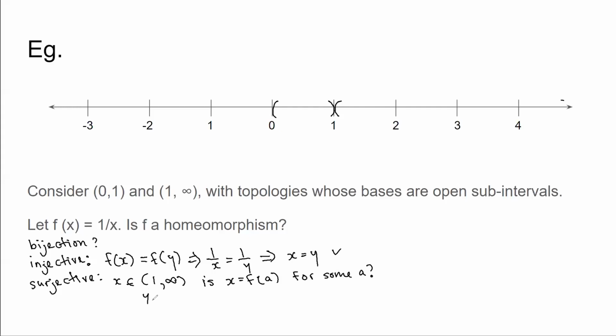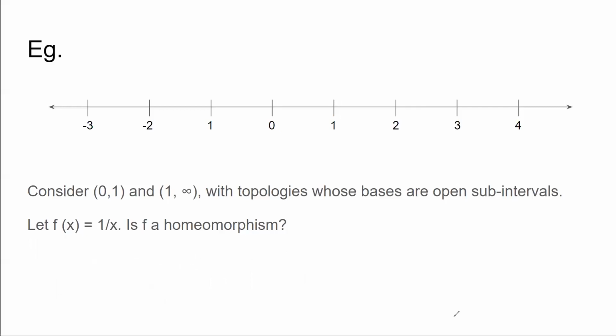Well, yes, right? If a is equal to 1 over x, then f of a is equal to x. So we have surjectivity. No matter what element I choose in (1, infinity), I can always find some element in (0, 1) that gets mapped to it. So I have surjectivity, I have injectivity, so I have a bijection. All right. Now let's take a look at the next thing.